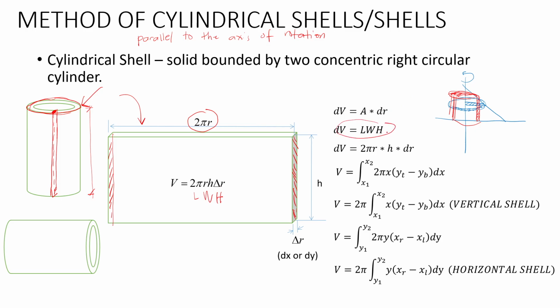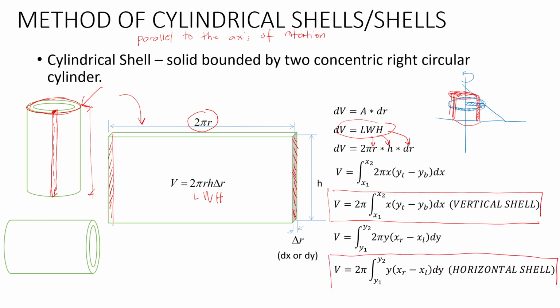So length would refer to 2 pi r, width would be the height, and then the height would be the differential strip, or the differential radius. So again, if you're not really into understanding the concept behind the formula, of course you can just memorize this one. Vertical shell, and then the other one is horizontal shell.